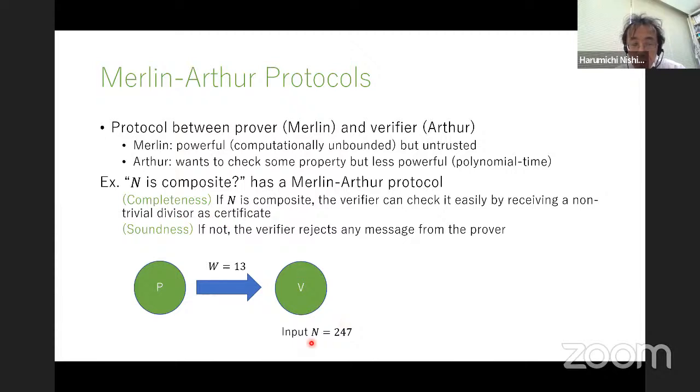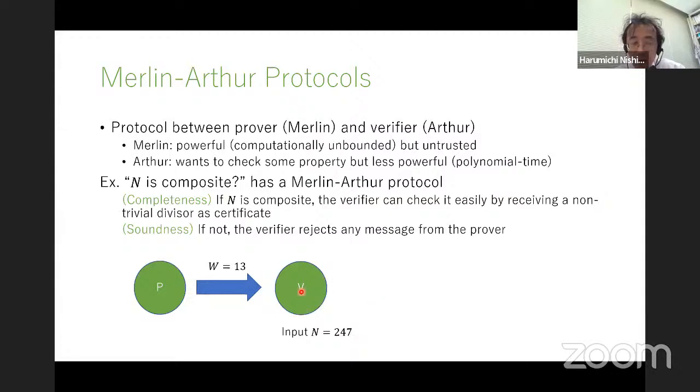For example, this number has a non-trivial divisor, so the verifier can check by dividing this value by this value. On the other hand, if this value is prime, for example, 251, then whatever message the prover sends, the verifier checks 251 divided by the message.